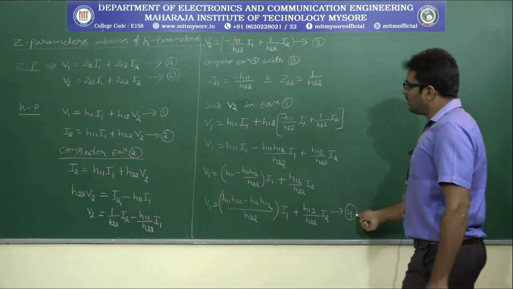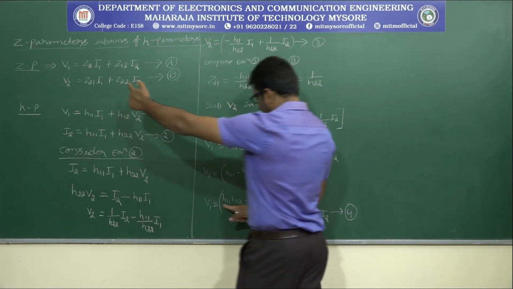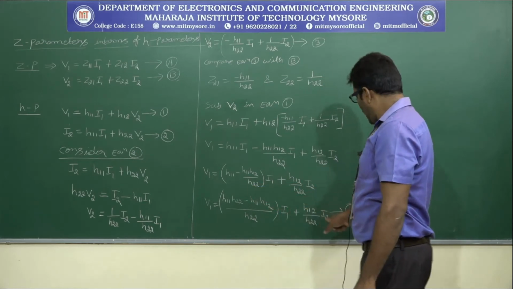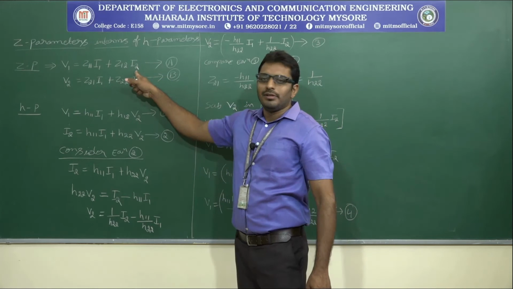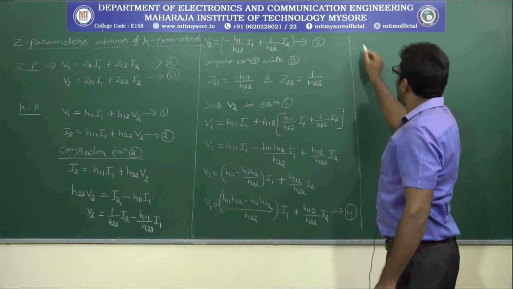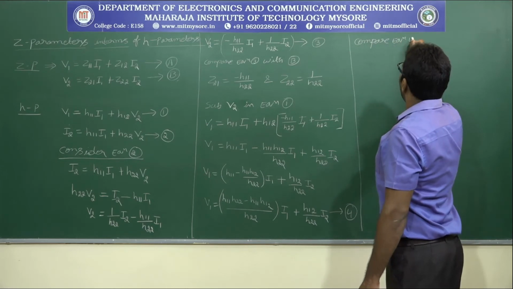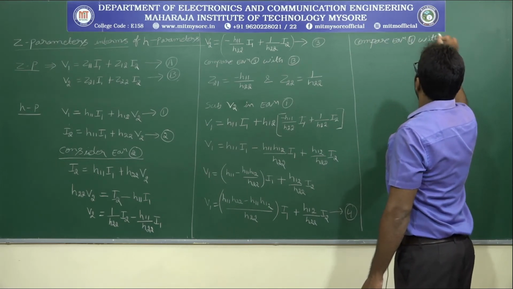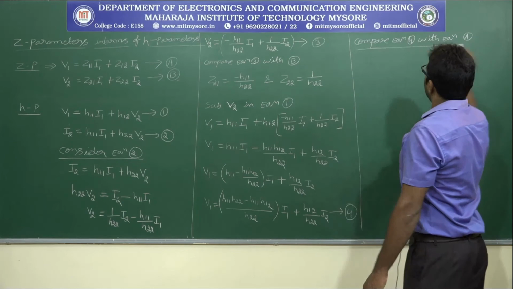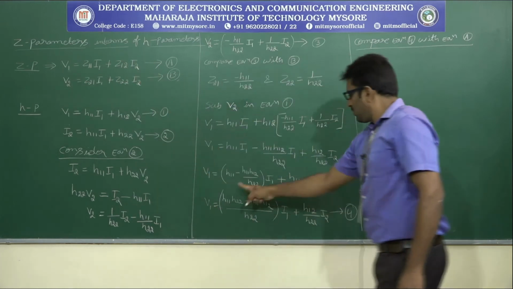Now just compare equation 4 with A, because V1 is equal to Z11 into I1, this H parameter combination into I1, again into I2, Z12 into I2. Therefore, we can equate these parameters. So, what is that condition? Compare equation 4 with equation A. So, what is that first term in equation A? Z11 is equal to this combination.